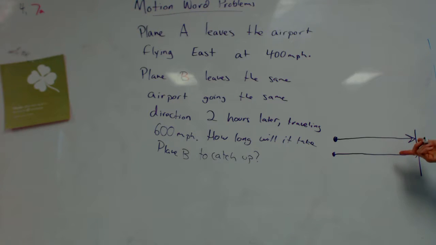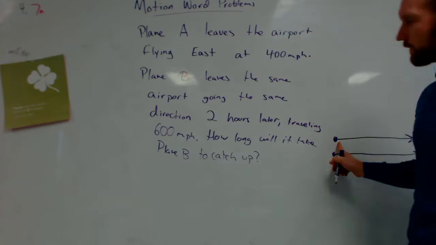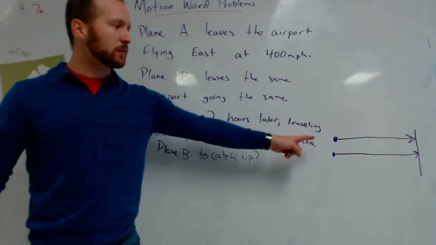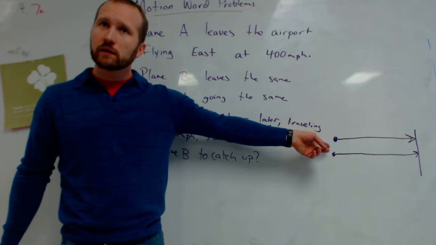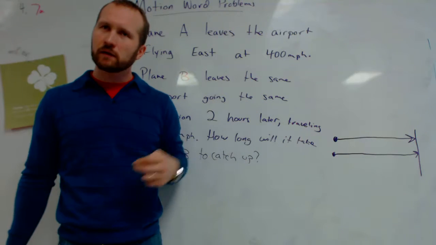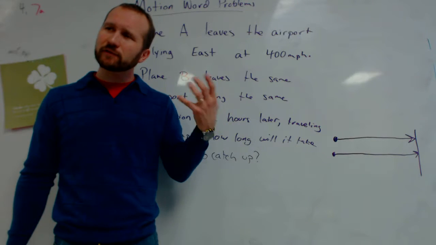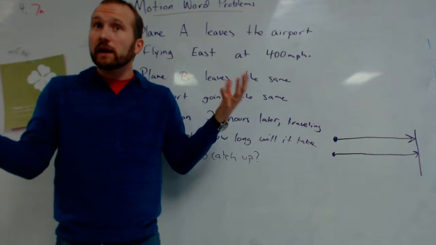The difference is that this one left earlier, right? One of the planes left the airport a little bit earlier. So is it traveling for more time or less time? It's traveling for more time, right? The plane that left earlier has more time to travel.